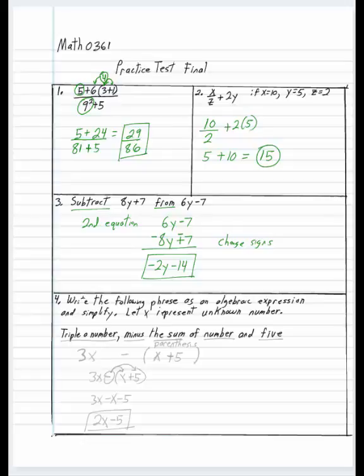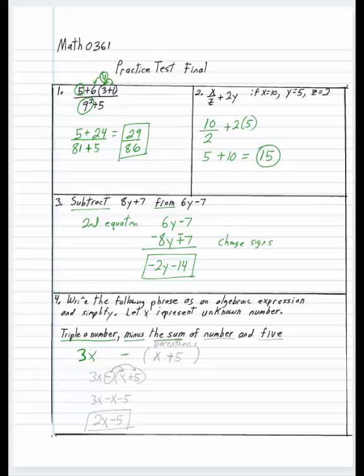Question 4. We would like to write the following phrase as an algebraic expression. We want to translate from English into math speak. So let's go through this a little at a time. First, I see triple a number. Triple a number just means 3x. Minus is minus.